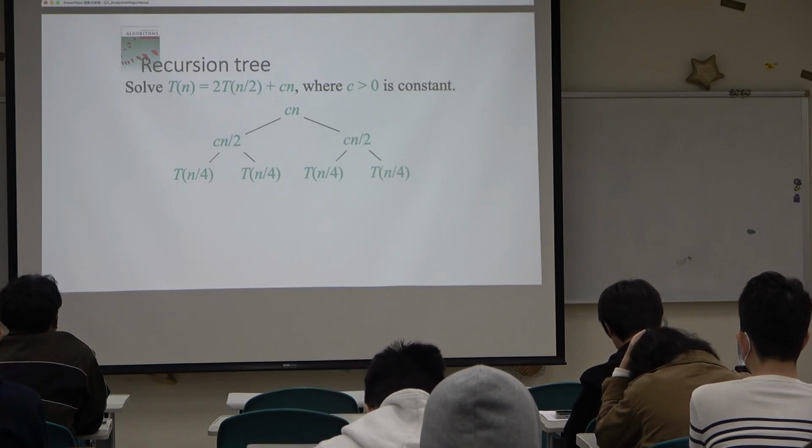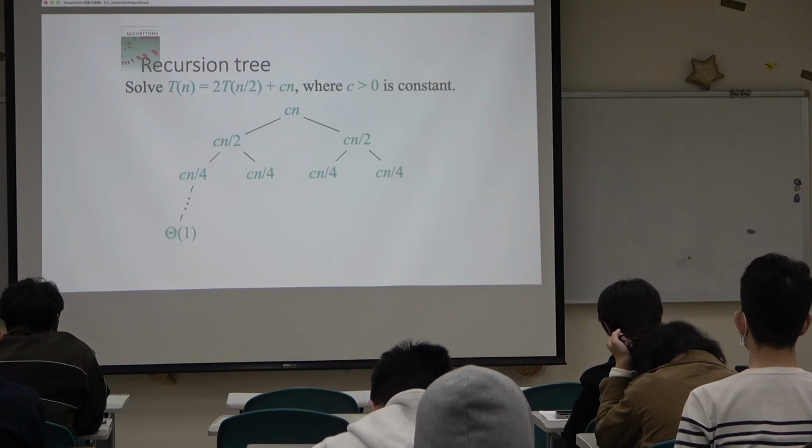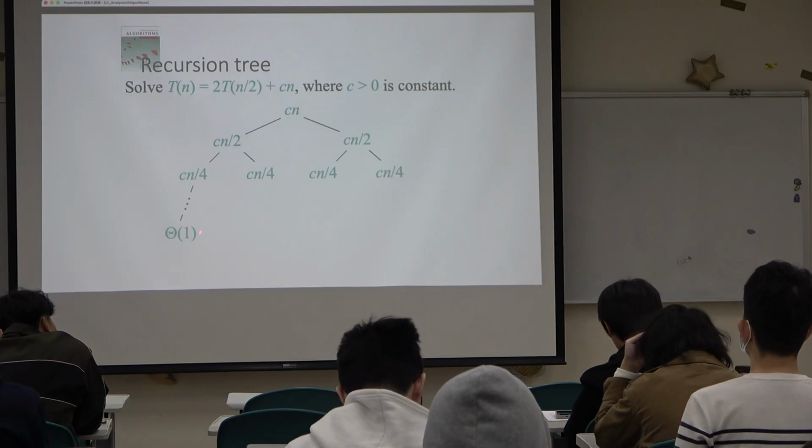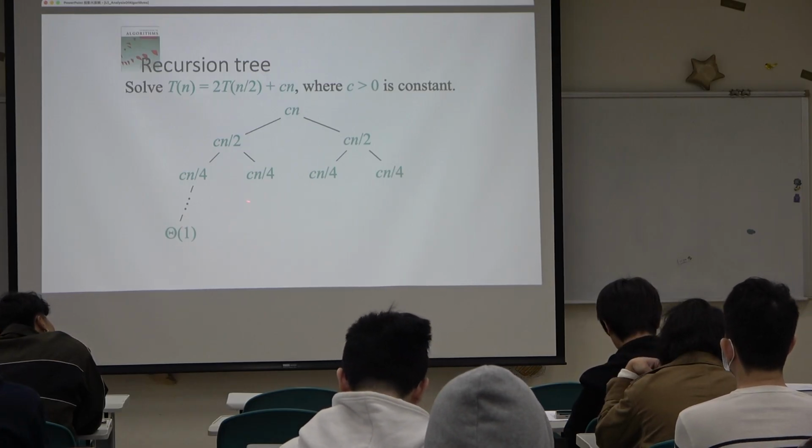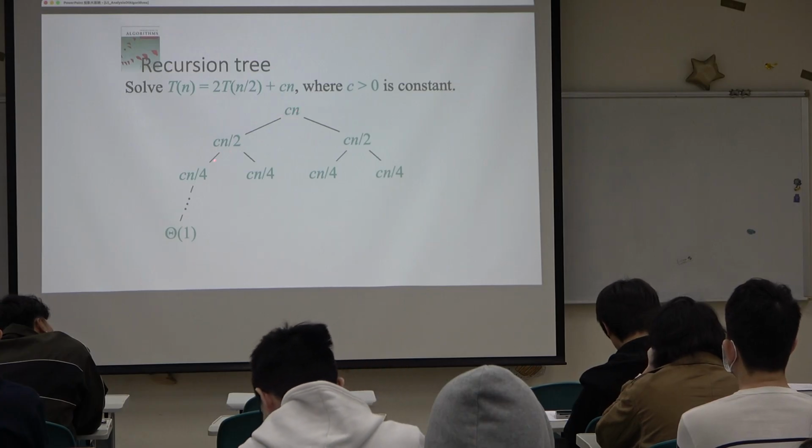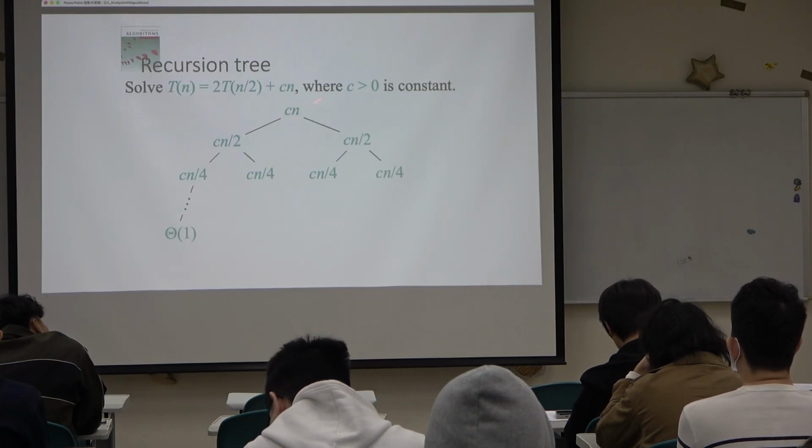So you keep doing that. Eventually, it becomes theta 1, right? So how many times does it take to become theta 1? What is the depth of this tree?